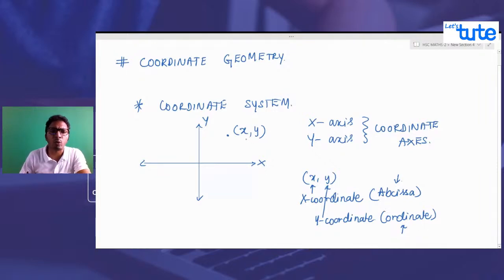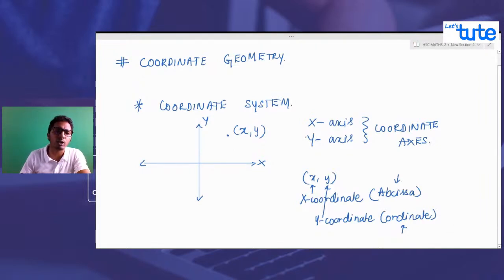Now, whatever geometry is related to these points given in the form of x and y is called coordinate geometry. It's as simple as that. I repeat, there are so many points in this plane, and the geometry which we are going to learn with respect to these points, which are in terms of x and y, is called coordinate geometry.